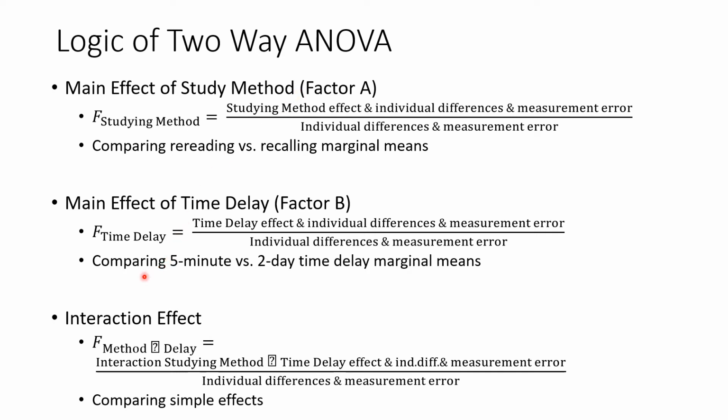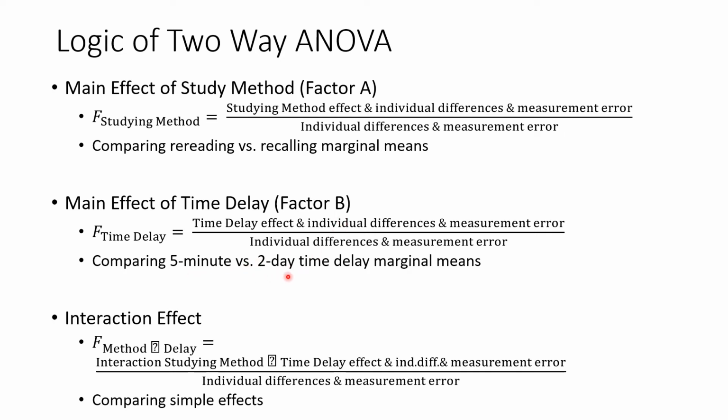It's very similar logic with the time delay. The numerator is the amount of variability created by time delay plus individual differences and measurement error, and then within group variability is again individual differences and measurement error. So really what you're doing is comparing the amount of variability created by a 5-minute time delay versus a 2-day time delay.